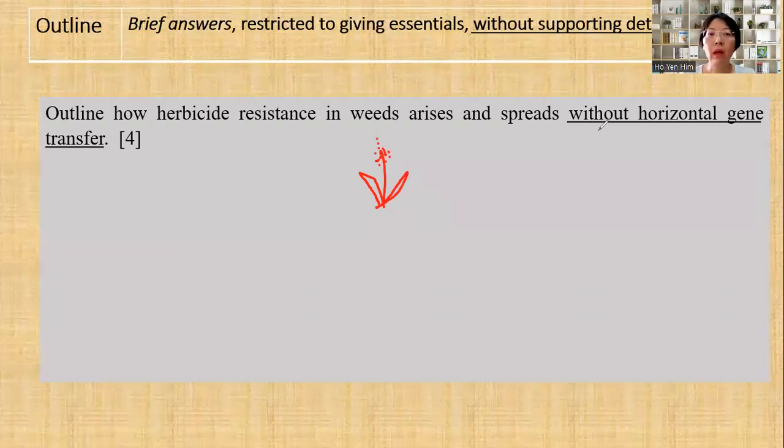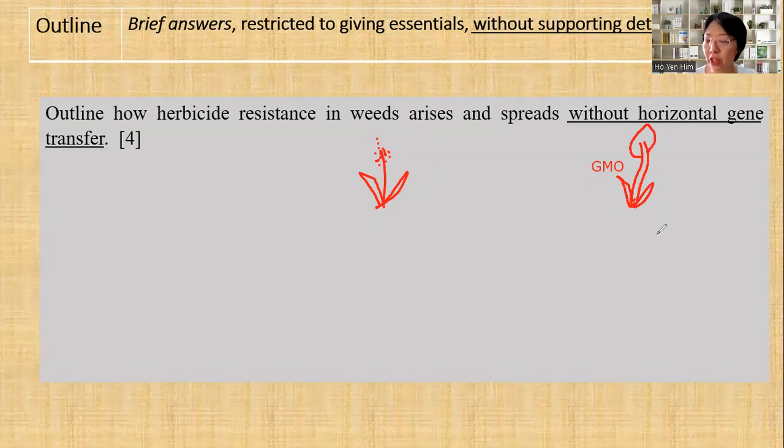Now, if you see, originally it's not resistant, but because of horizontal gene transfer, it becomes resistant. That means there could be a GMO, genetically modified organism, where this GMO plant, I'm going to draw it thicker to show that it's a different species, and then we'll draw this one shorter, okay? Like this.